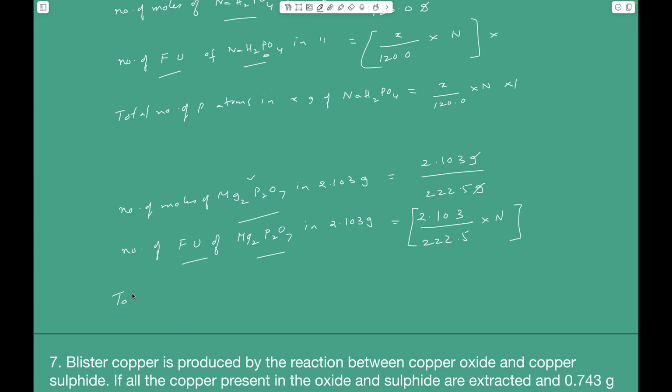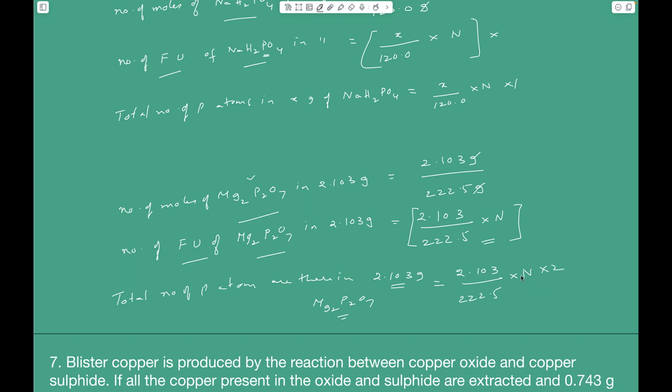So how many phosphorus atoms are there in 2.103 grams of Mg2P2O7? In this mass of this compound there are so many formula units and each formula unit has two phosphorus atoms. So to get the total number of phosphorus atoms, you have to multiply this whole thing by 2. That is 2.103 over 222.5 times N times 2.